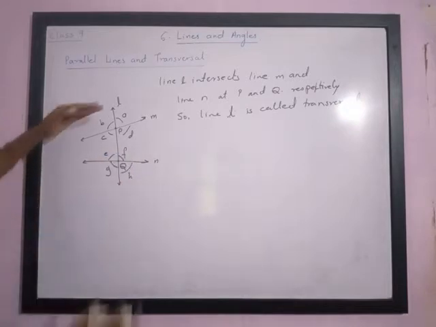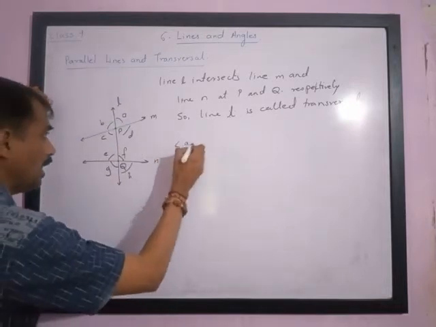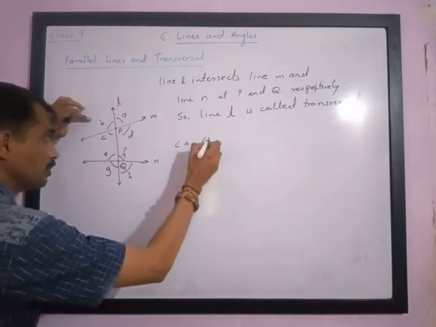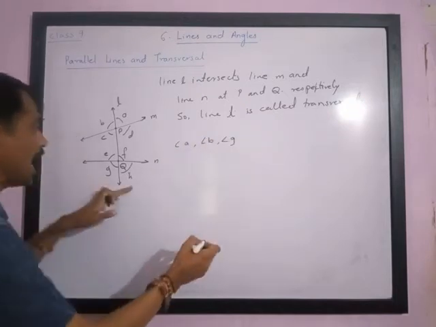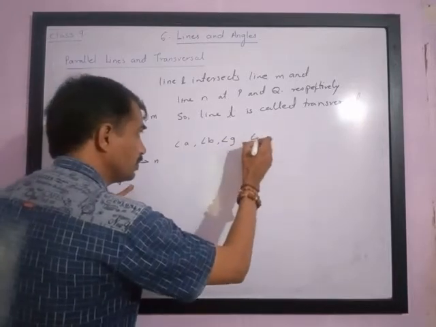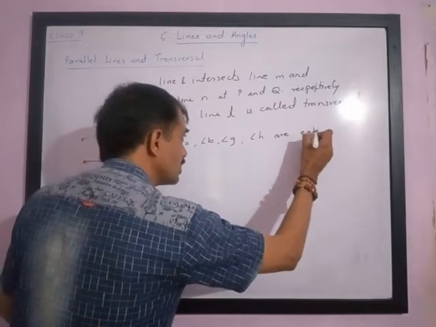So please note the angles which are to the outside, that is angle A, angle B, then angle G and angle H, are called exterior angles.